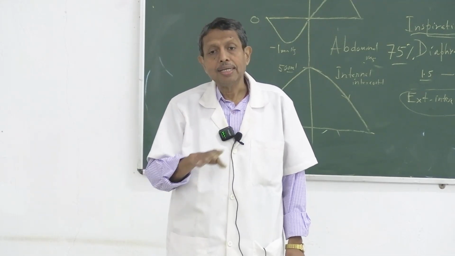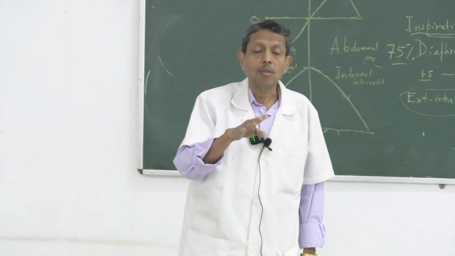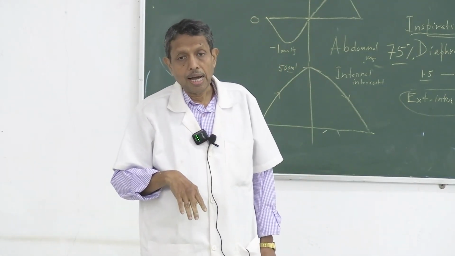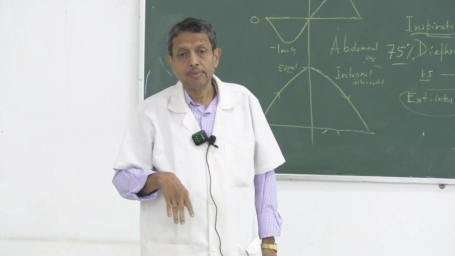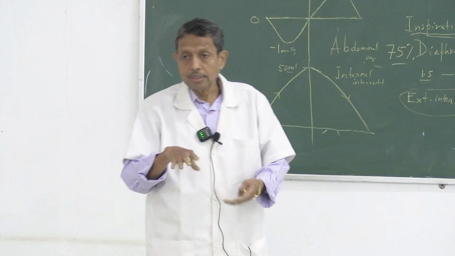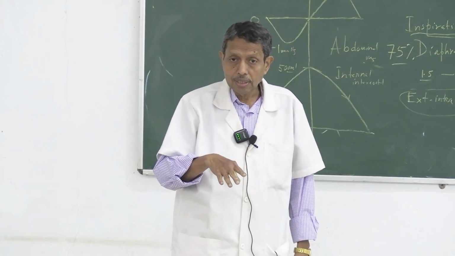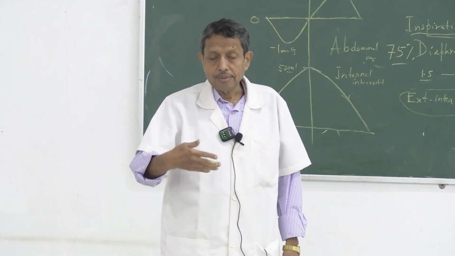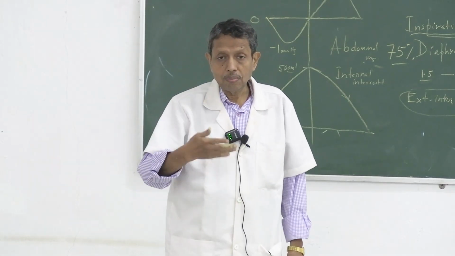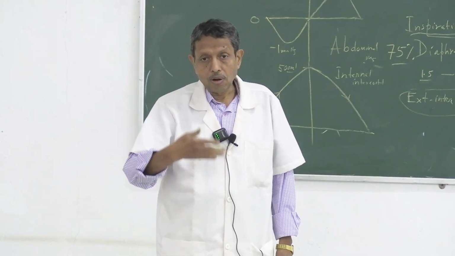Another is the abdominal muscles, they contract. Physiologically, whenever excessive pressure within the abdomen is required, abdominal muscles contract, in defecation also. Then intra-abdominal pressure will increase, and this pressure pushes the abdominal organs above towards the thorax.